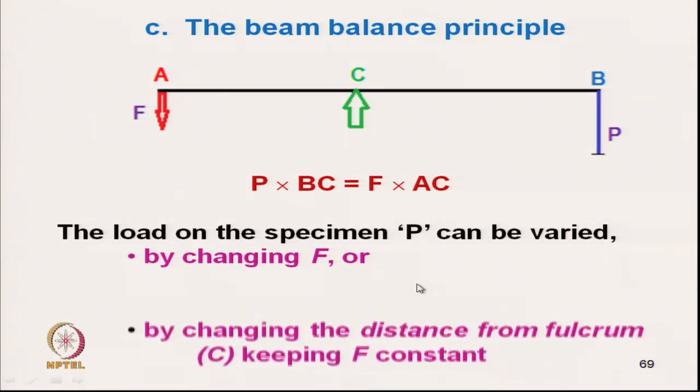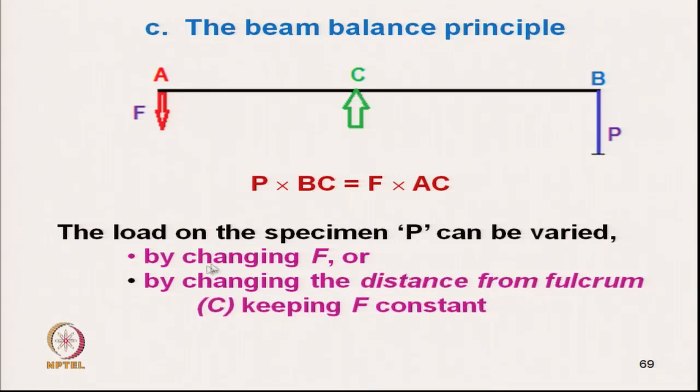Or, we can change the distance from the fulcrum point C. Either we change the load F keeping the distance AC fixed, then we change the load P, or we keep F fixed and gradually increase the distance AC, then the value of P will increase.